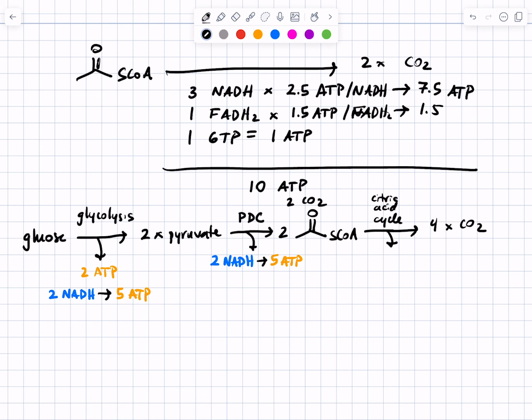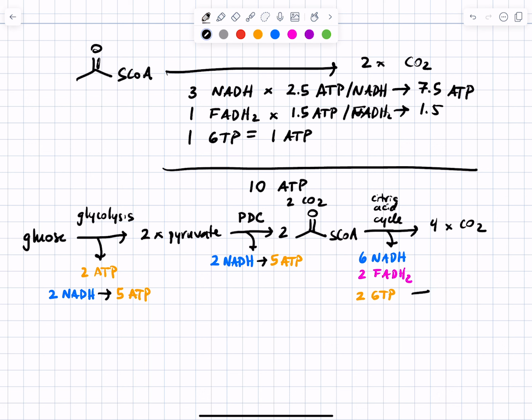And then we also make what's shown here, 3 NADHs, 1 FADH2, and 1 GTP. Let's see, since it's twice through for 2 acetyl-CoAs, that's 6 NADHs, that's 2 FADH2s, and that's 2 GTPs.